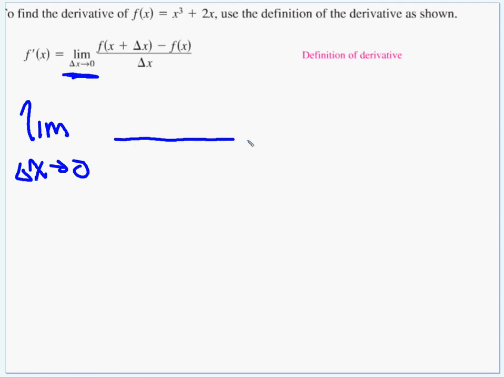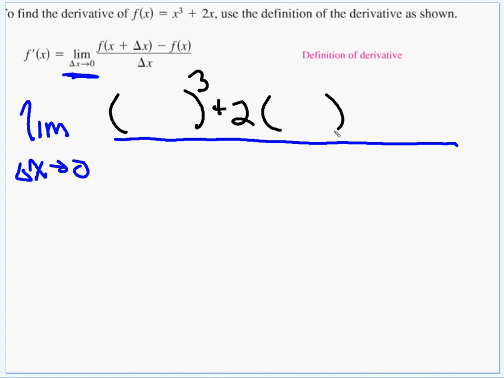So for the numerator, I'm going to use empty parentheses. Something cubed plus 2 times that same something. So there's one use of that function. And then we're going to subtract its use again as a quantity. Something cubed plus 2 times something.